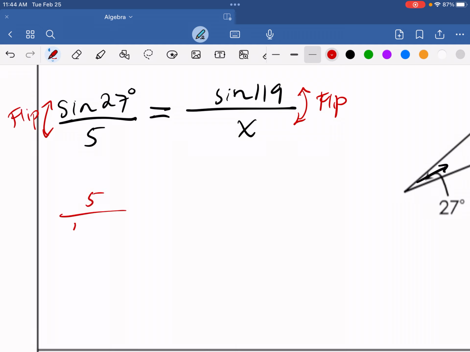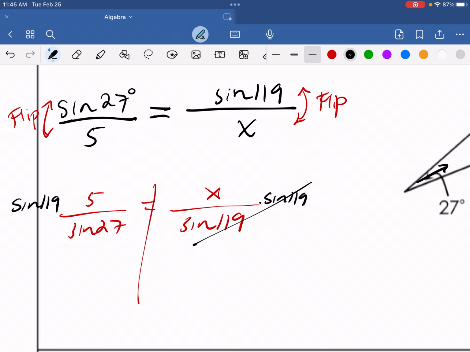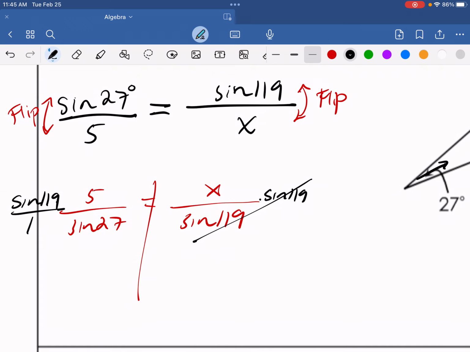So now it's going to be 5 over sine 27, equals x over sine 119. How do I get x by itself? X is on the right. It says x divides sine 119. So the opposite of dividing is to multiply by sine 119. These cancel to 1. And then I got to multiply this side by sine 119. Okay, when you multiply by sine 119, it is over 1. So you multiply top with top and bottom with bottom.